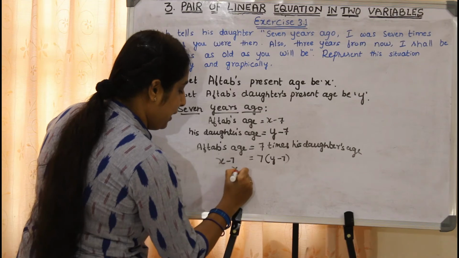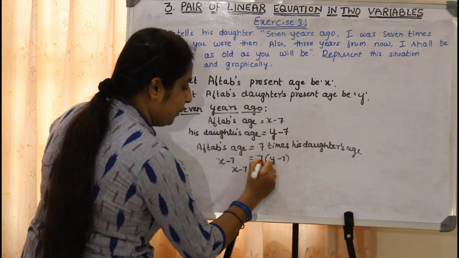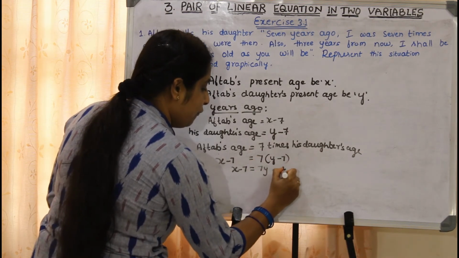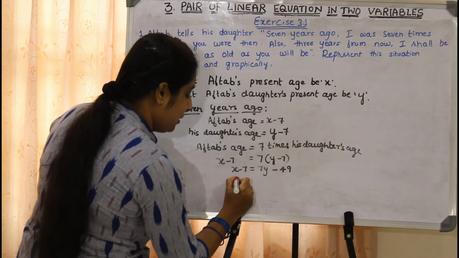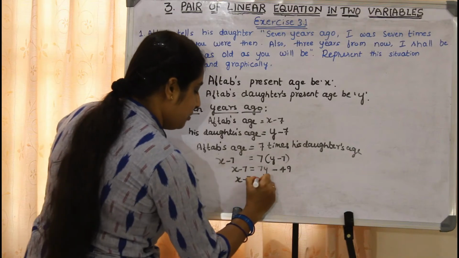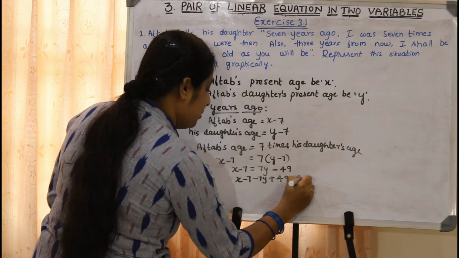So this will become x minus 7 is equal to 7y plus 7 into minus 7, sevens are 49. So this becomes x minus 7. If I bring this side, this will become minus 7y plus 49 is equal to 0.